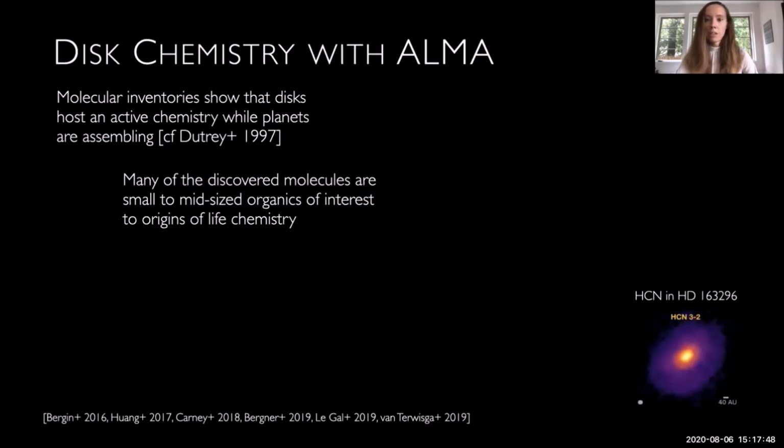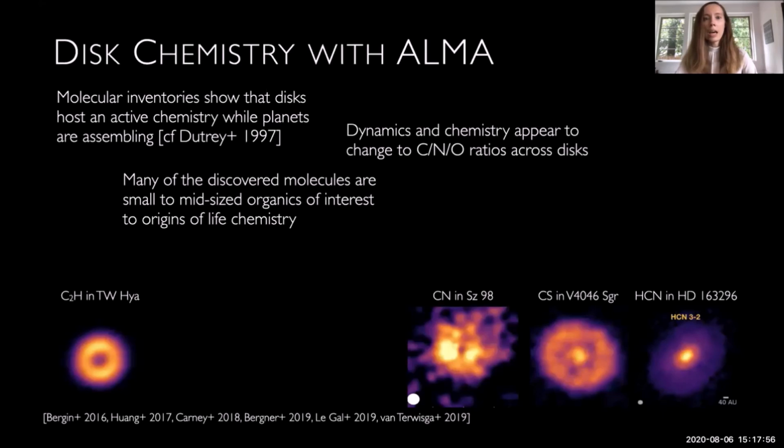Many of the molecules, as I just showed you, are the kind of organics that we're interested in from an origins of life point of view. And some of them are also good tracers of elemental ratios. And they have shown us that these ratios are not always the same, both between disks and across disks.